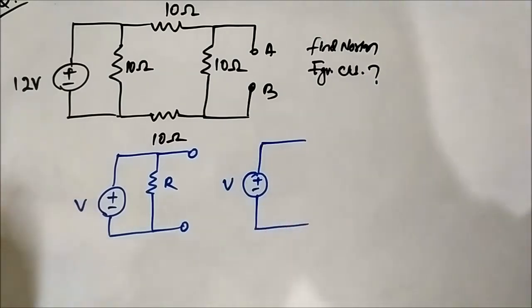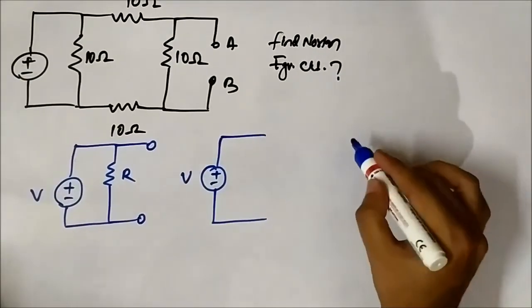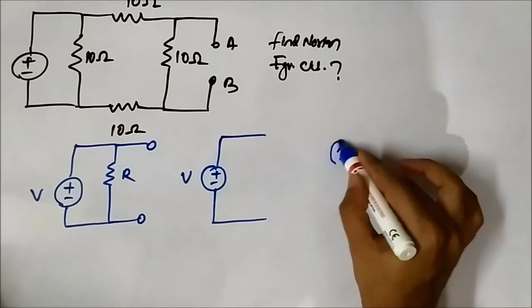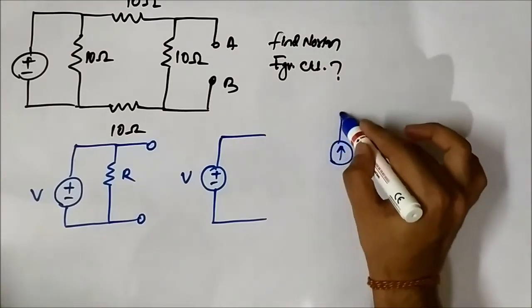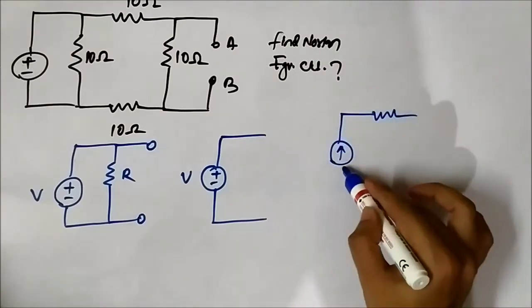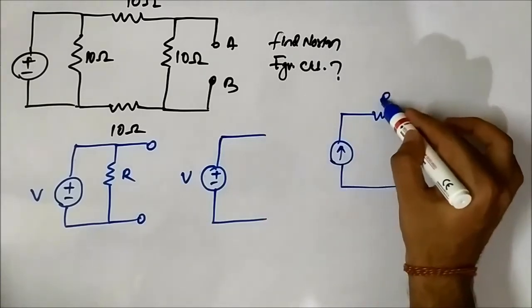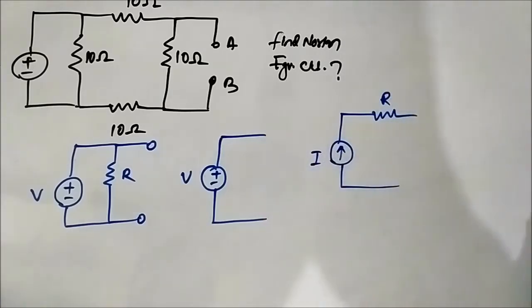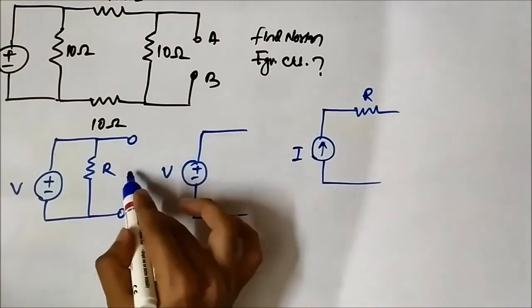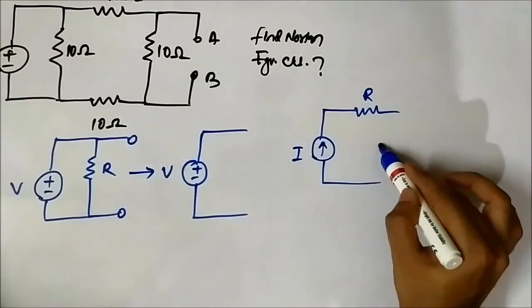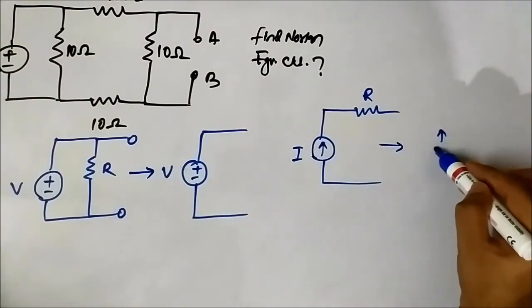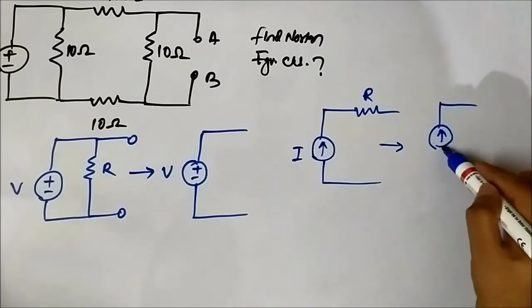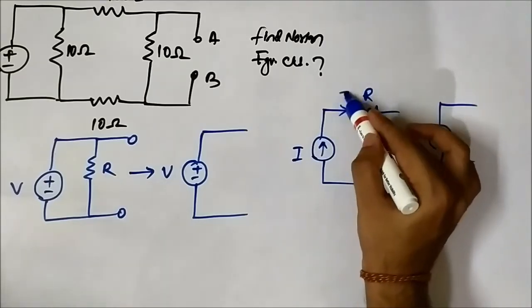So a resistor connected in parallel across a voltage source becomes a redundant element, it is of no use. Similarly, if we have a resistor connected in series with a current source, then it is the same as the current source only, because the same current will flow through the resistor.